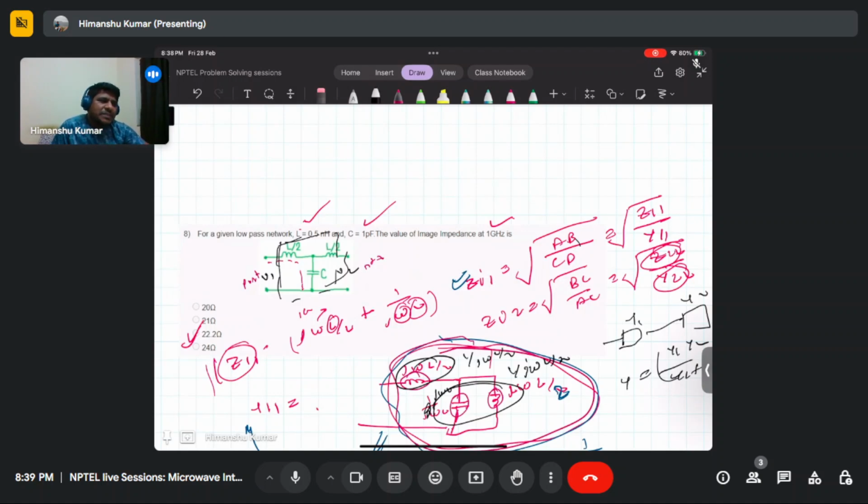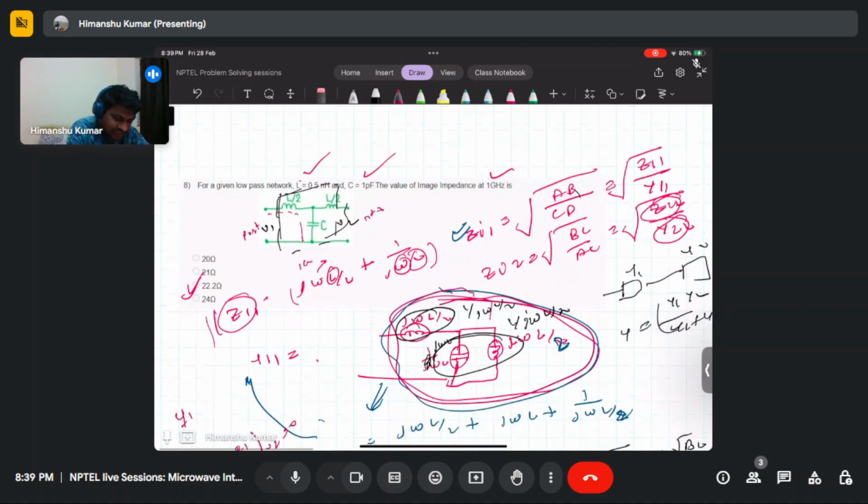This is the image impedance method, nothing else. I think nowadays it's not used much, but it's just covered in the class.